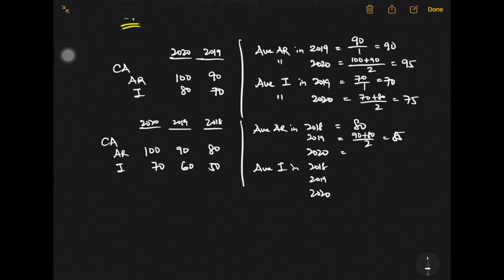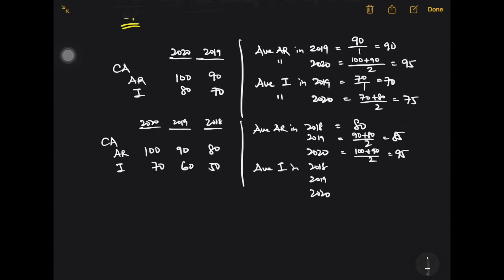How about for 2020? For 2020, you will only refer to 2 years. You cannot average everything that you have. You can only average 2-year data. So in this case, what you will do is just get the average of 2019 and 2020. So 100 plus 90 divided by 2, 95. This is how you do it. You will not add everything and then divide it by 3. It's not correct, okay?